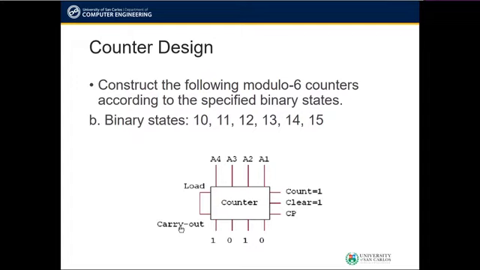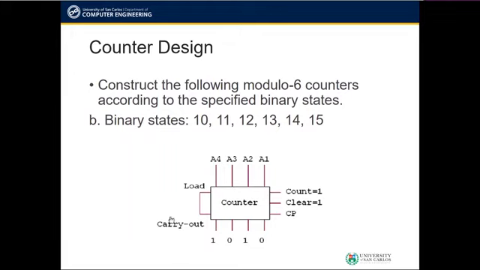When that happens, as the count transitions from 1111 back to 0000, the load input shall be triggered, thereby loading the binary count 1010 or binary 10 to the counter and shown at the output.